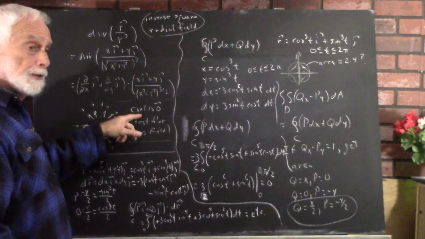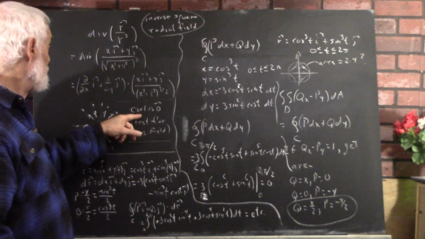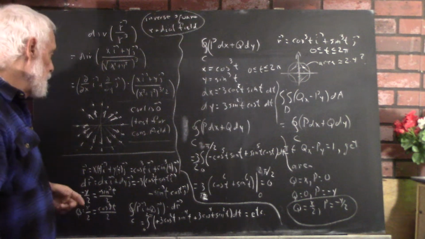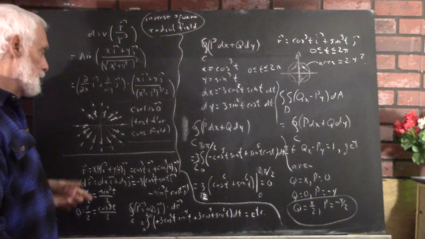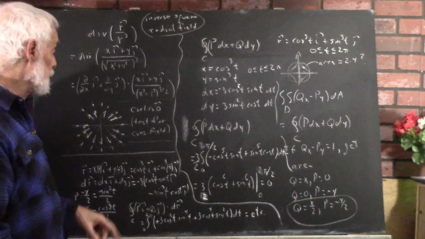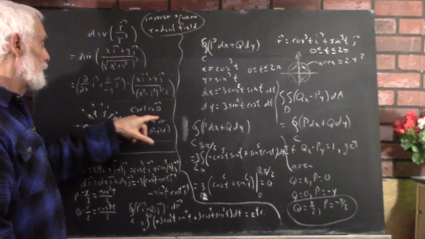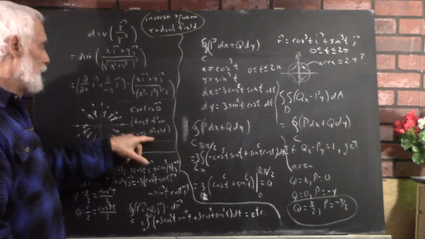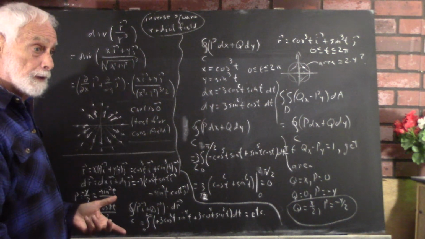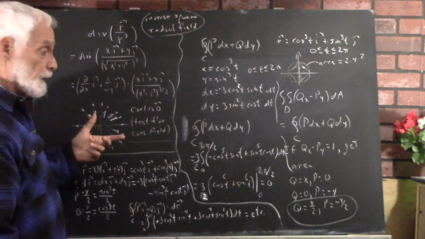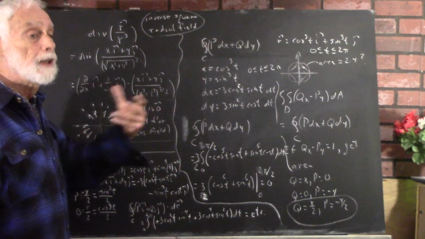And the curl is easily found to be 0. After you do the divergence, you can do the curl. Again, it's a little messy, but it's not a problem. Just do it carefully, like I don't do things. And of course, the curl being 0 just reinforces the idea that that's one test for a conservative field. A conservative field being a field that can be derived from a scalar potential.